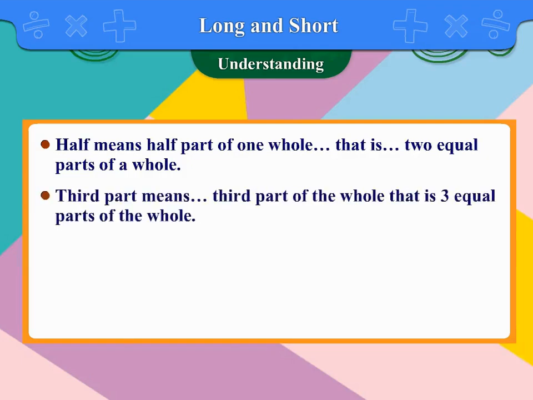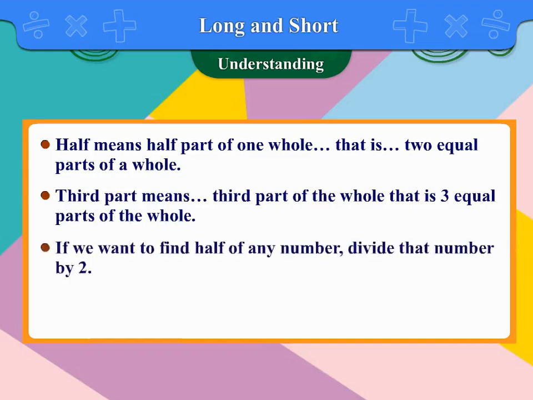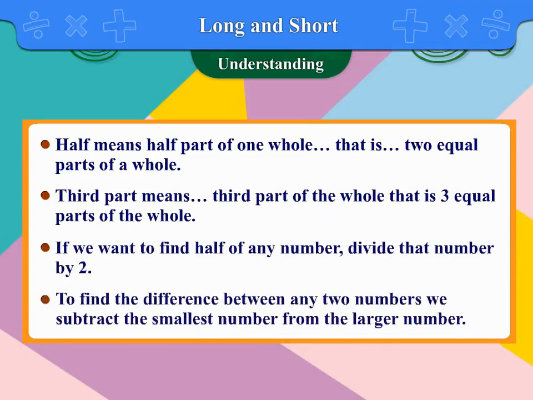Third part means third part of the whole. That is, 3 equal parts of the whole. In short, if we want to find half of any number, divide that number by 2. To find the difference between any two numbers, we subtract the smaller number from the larger number.